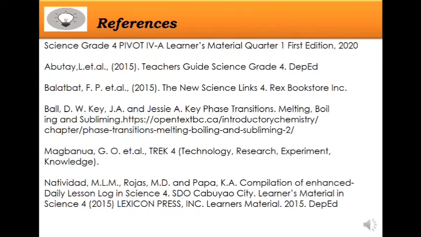Then another, Natividad, Rojas, and Papa. So, compilation of Enhanced Daily Lesson Log in Science Grade 4, SDO Cabuyao City.